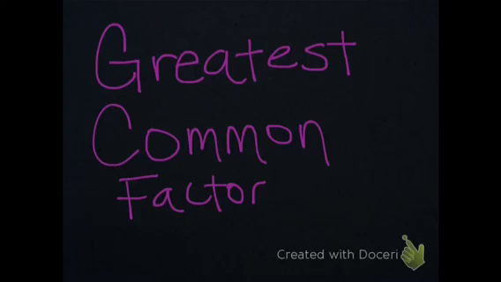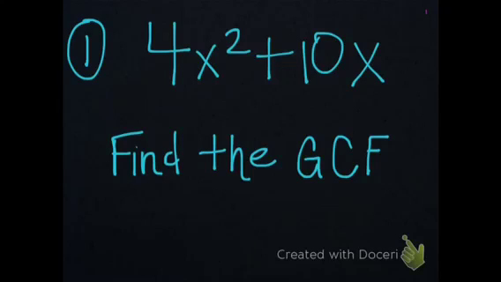Our next topic for factoring special cases is greatest common factor. Now we will find the greatest common factor of 4x squared plus 10x. We know that 4 and 10 have a common factor of 2, and that x squared and x have a common factor of x.